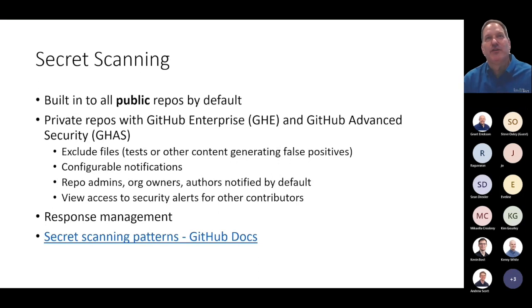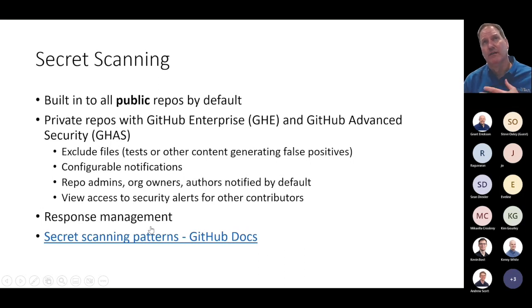Okay, so secret scanning. This is built into all public repos by default. So anything you commit will be scanned for secrets, and there's a number of secret scanning patterns on this link down below. With private repos, you have some additional configuration options, and again you need GitHub Advanced Security, GHAS.